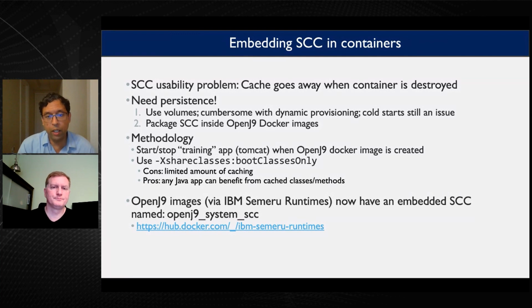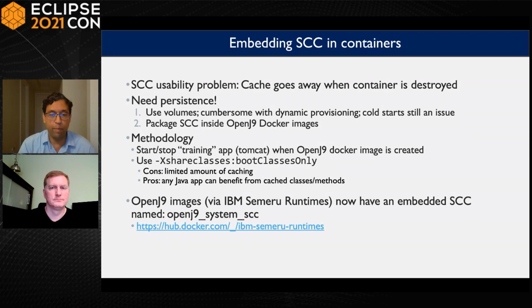So these are great, shared class cache and AOT, but they have challenges when you run them in the context of containers. So in particular, the biggest problem is that a container is a very ephemeral thing. It goes away when your work is done. There's only one JVM running inside a container. So the whole shared class cache concept is around sharing with other JVM instances.